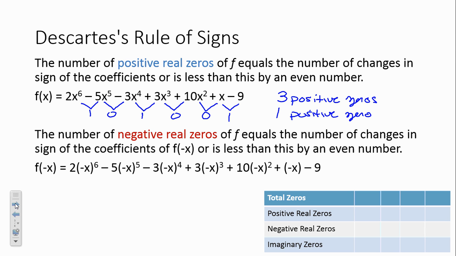And why is that? Because our imaginary numbers always come in pairs. So if we have a positive i for a zero, we're going to have a negative i for a zero. That takes away 2 possibilities and leaves us with just 1 positive zero. So we know we're going to have at least 1 positive zero. Yes?